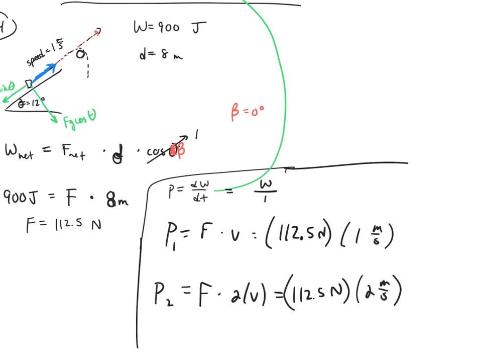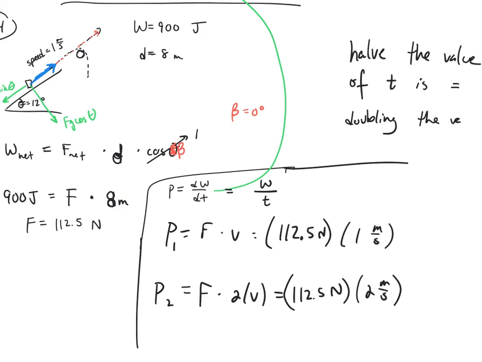Again, this is work over time. So halving the value of t is equal to doubling the value of v. And that's common sense when you think about basic kinematics.